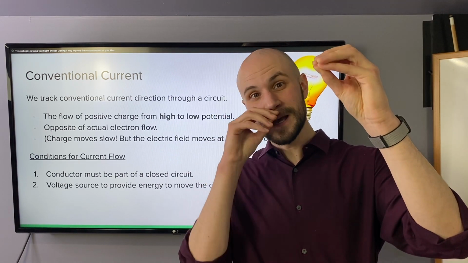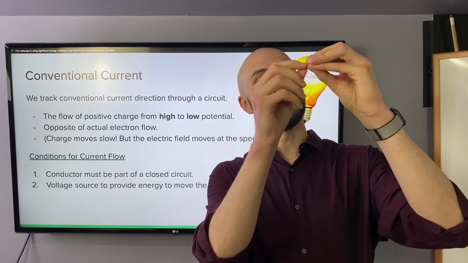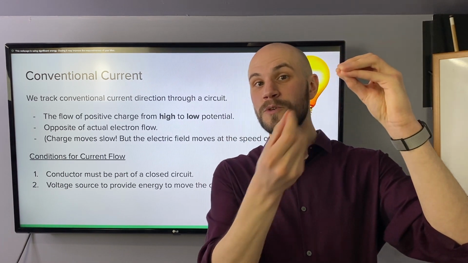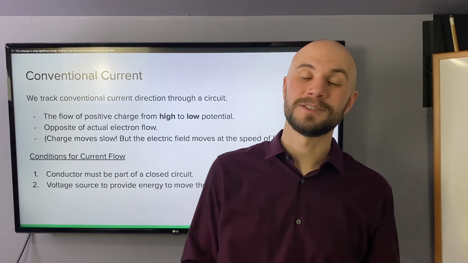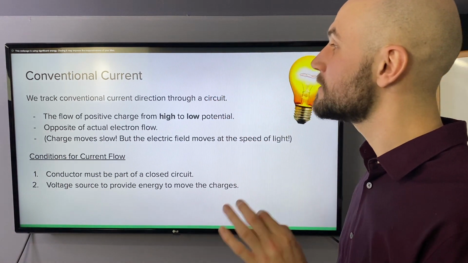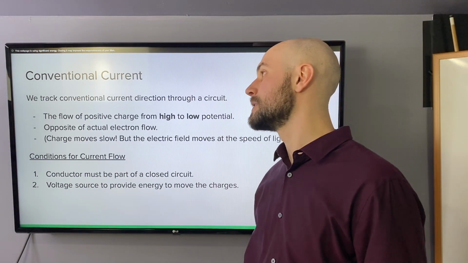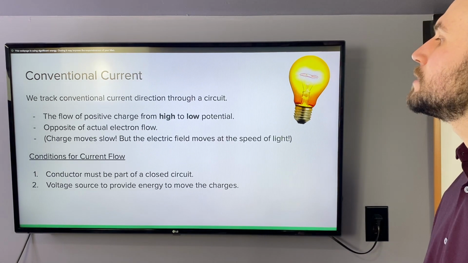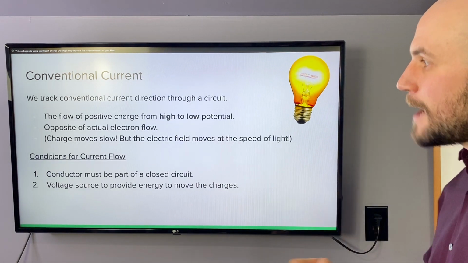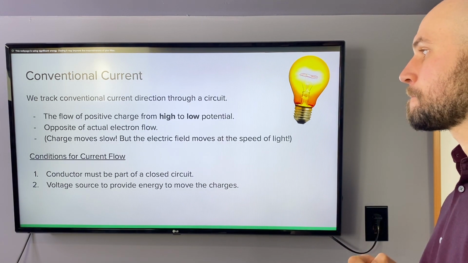Electrons are what's moving. Conventional current is defined by where a positive charge would move, if we let it move, but electrons are truly flowing in the opposite direction. But we track the flow of conventional current through a circuit. It's the flow of positive charge from a place of high potential to a place of low potential. It's the opposite of the actual electron flow.